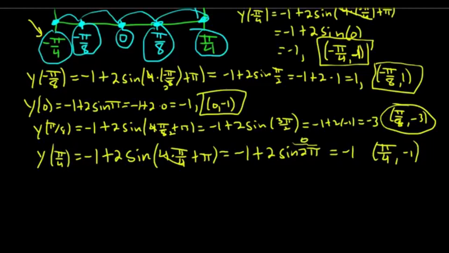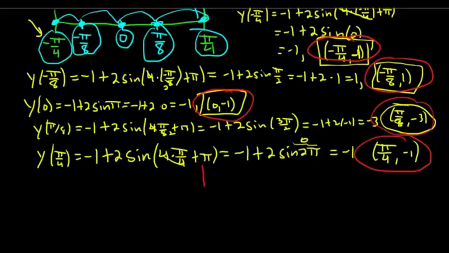Okay, so I'm going to highlight the points we have. It's a mess. We have this one, this one, this one, this one, and this one. Okay, so I'll draw the y-axis, draw the x-axis. So negative pi over 4, that's our first x-coordinate.